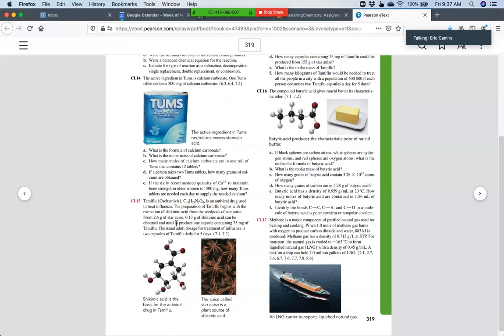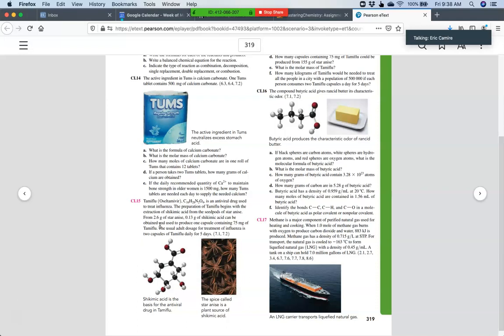And I'm missing some bits of information. It's saying that 2.6 grams of star anise will produce 0.13 grams of shikimic acid.